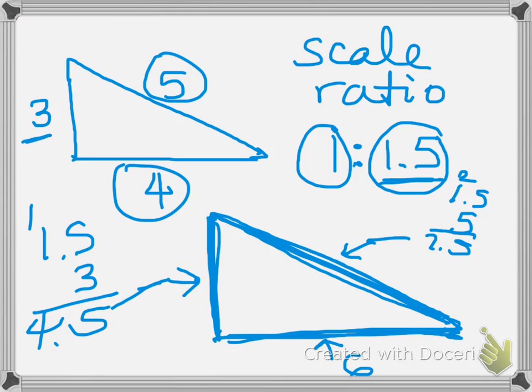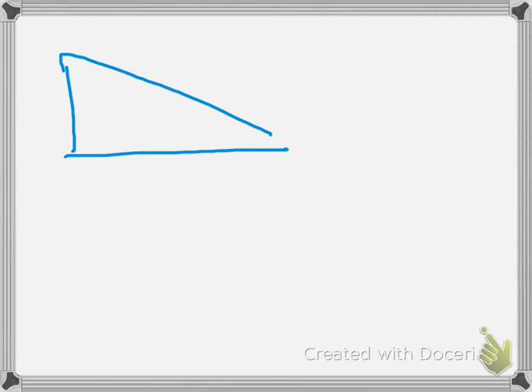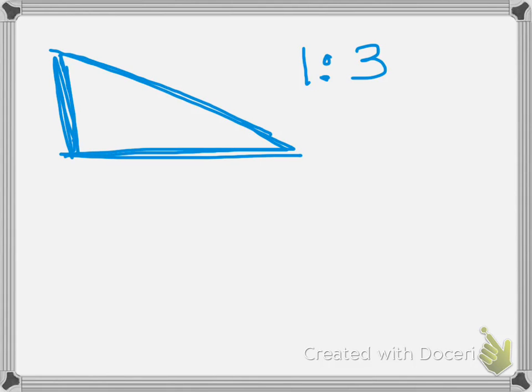Now, if they give you a problem where they give you a shape and they say, draw a copy of this triangle using a scale of, let's say, 1 to 3, okay, and they don't give you any numbers, then you're going to have to measure these sides first.